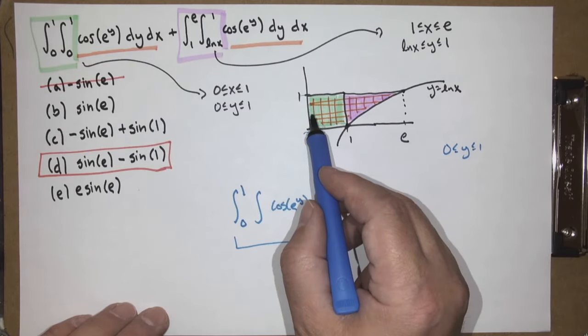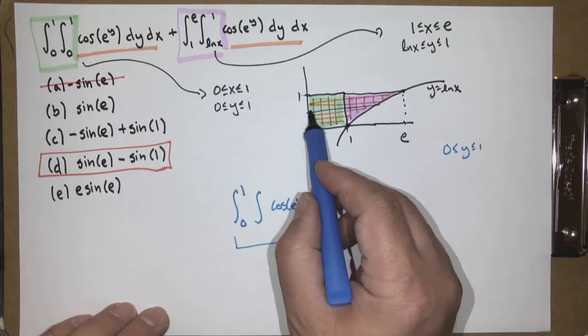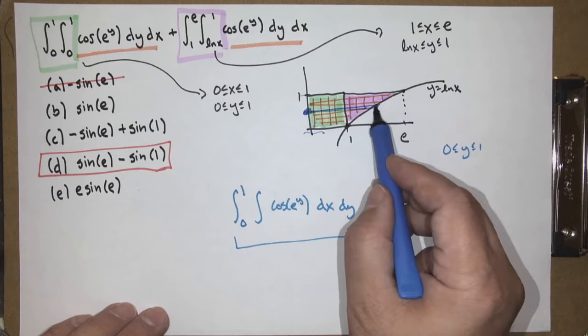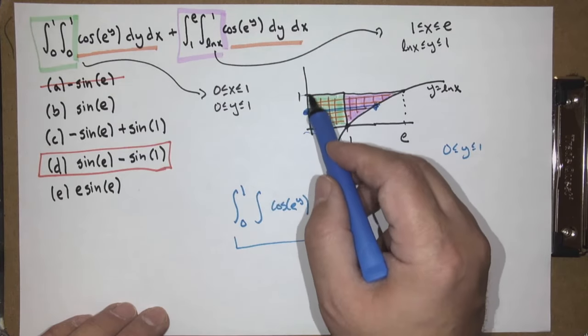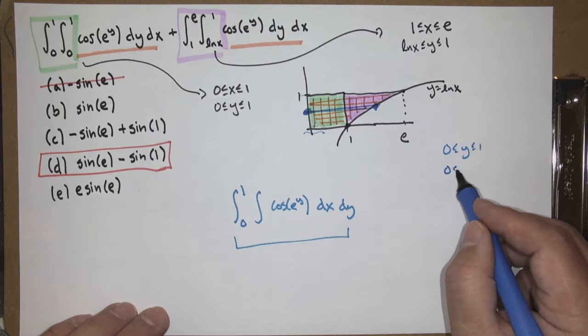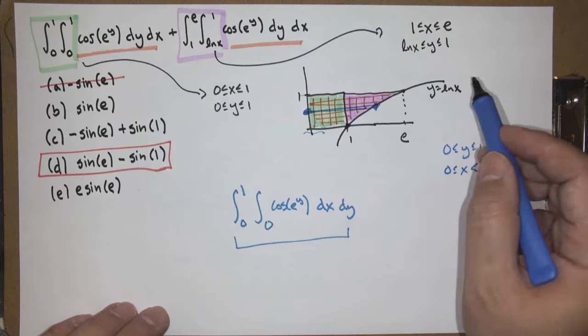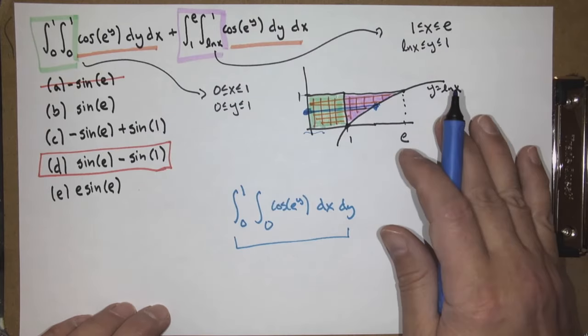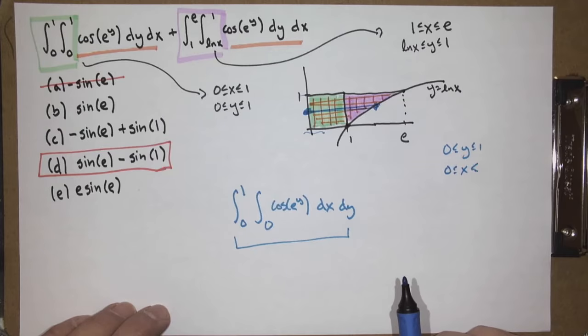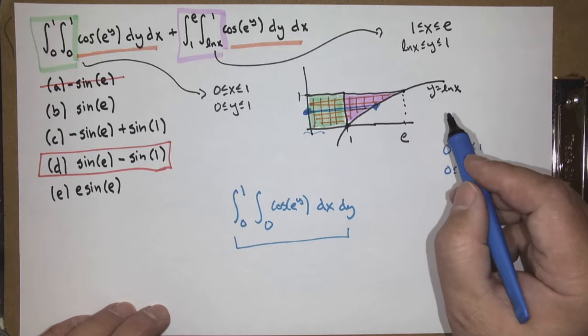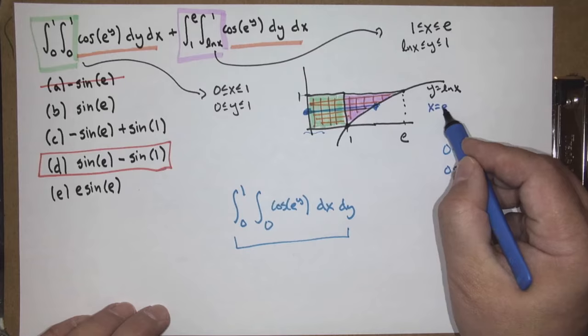Now, given a y value, where does x go from? From 0 up to what? Well, up to this curve, y equals log x. But what's another way to say y equals log x in terms of x equals something? X equals e to the y.